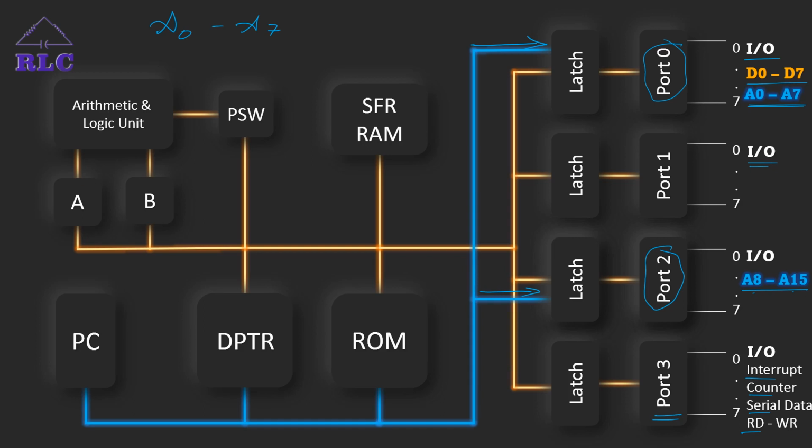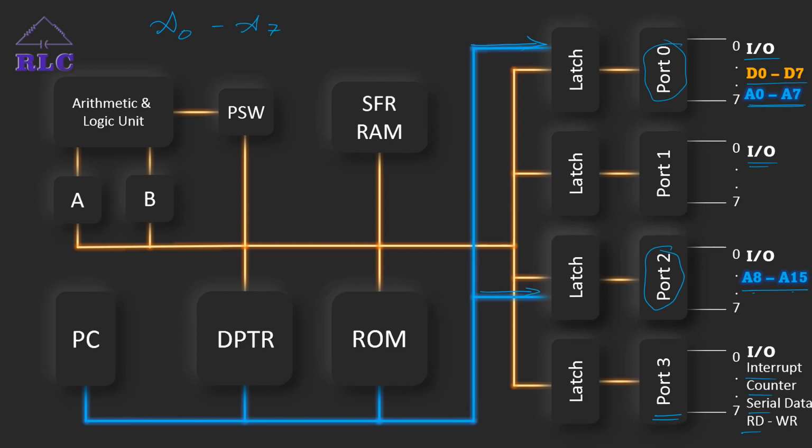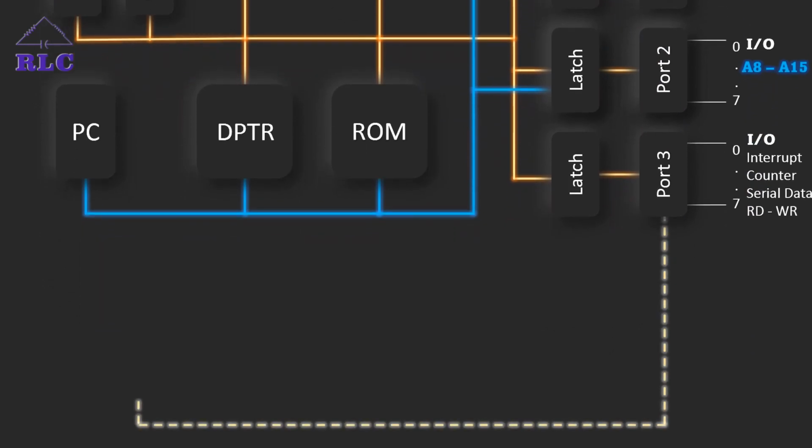Now we'll go with the next. These are not the only blocks available; we have some more functions. Whichever operation has to be performed in the microcontroller requires clock pulses, because whenever we send data to the port or receive data from the port, we should maintain some synchronization.